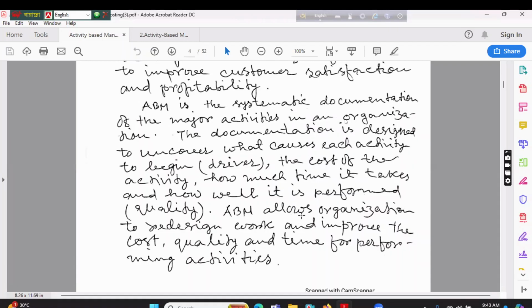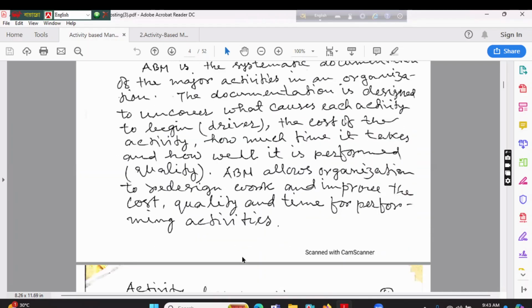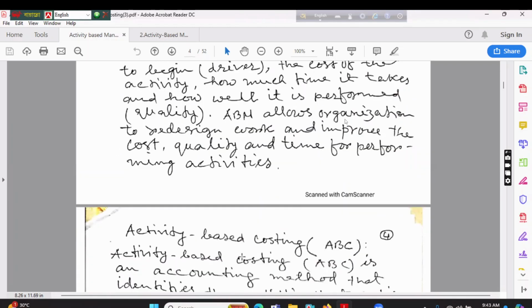Activity-based management allows an organization to redesign work and improve the cost, quality, and time for performing activities. These are about activity-based management.